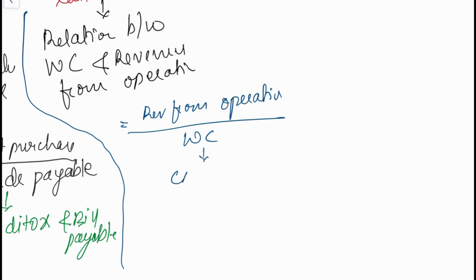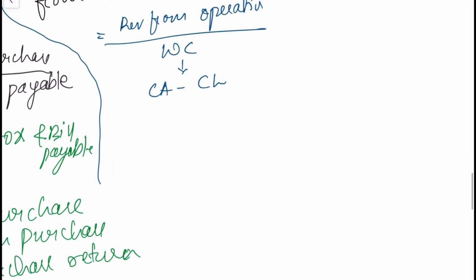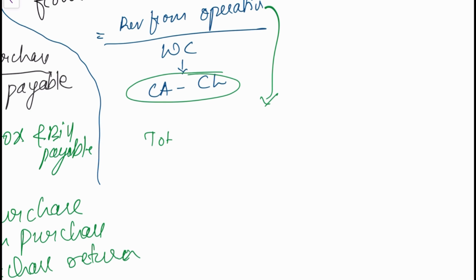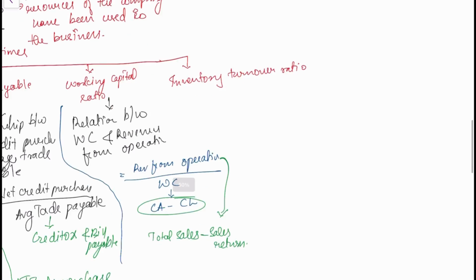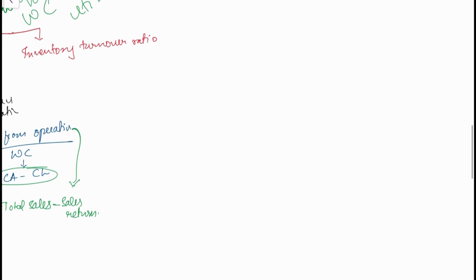Working capital formula is current asset minus current liability, and revenue from operation formula is total sales minus sales return. Okay, working capital ratio shows how effectively working capital has been utilized.